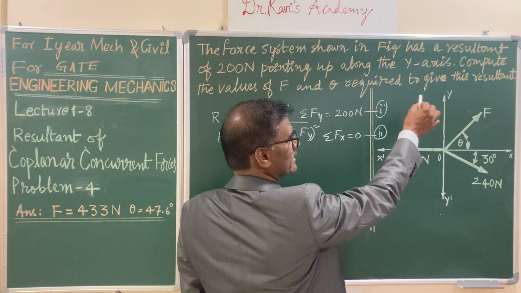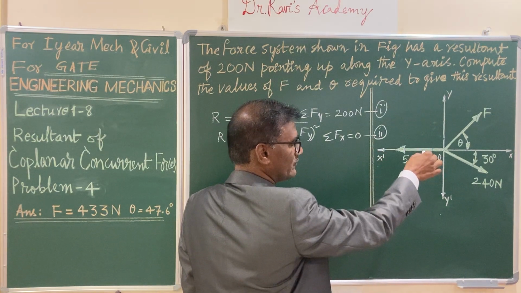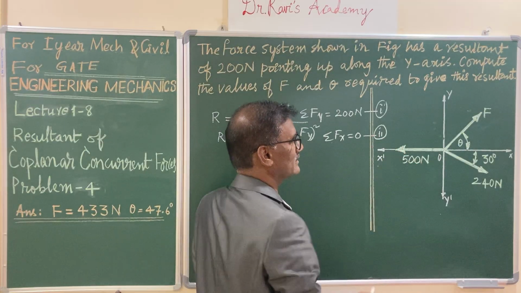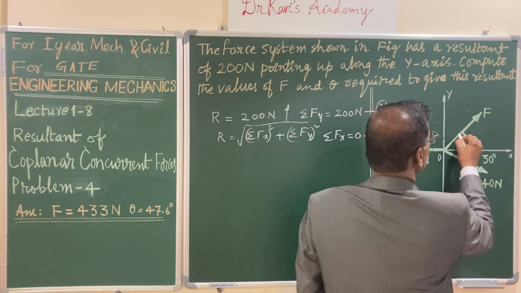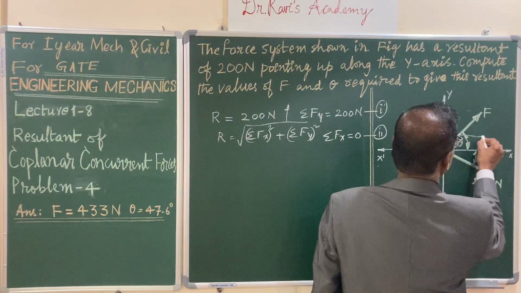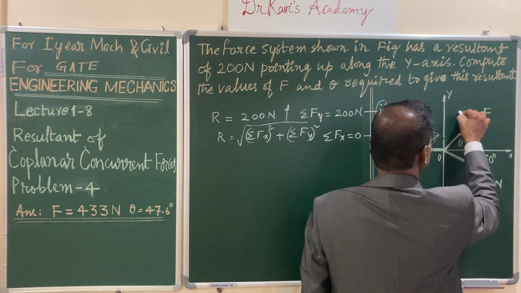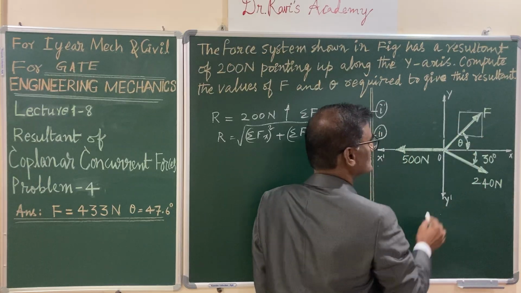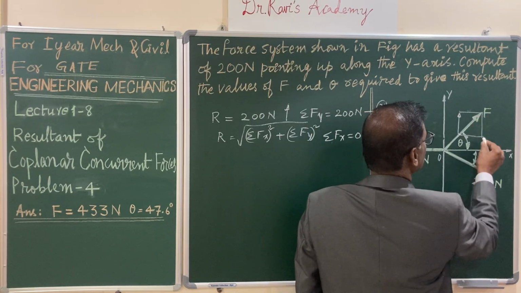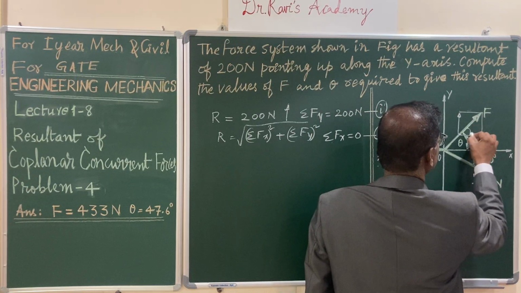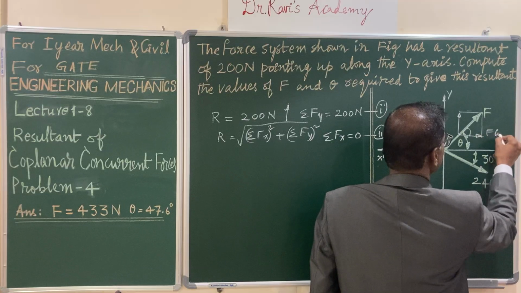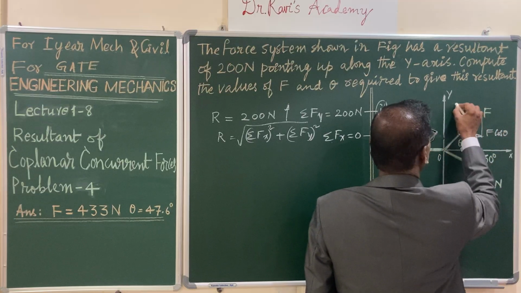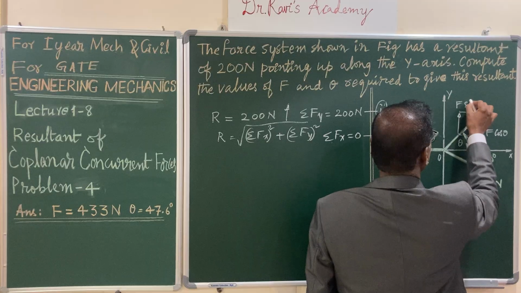Similarly, forces pointing in the y direction are positive and in the y prime direction are negative. So we want to resolve this into rectangular components. In order to resolve into rectangular components, let us locate a point on the force; this is theta, this component is F cos theta and this component is F sin theta.